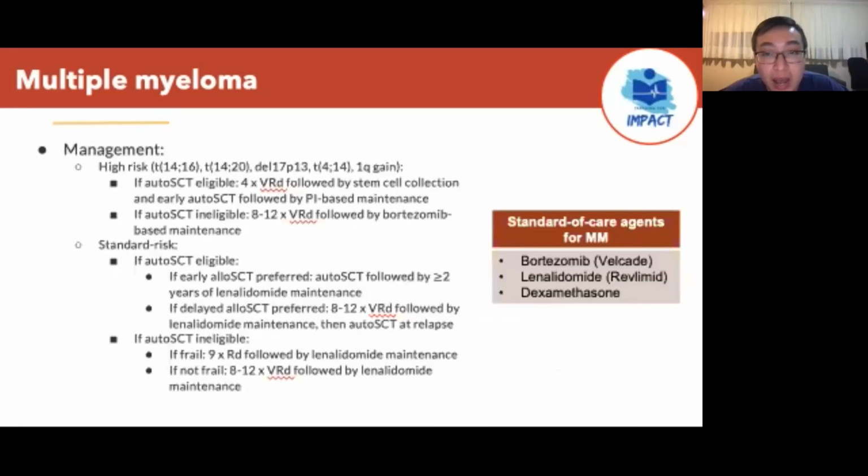Great. I'm not going to talk too much, given the time, about management of multiple myeloma, but I think the three drugs that are commonly used to treat multiple myeloma, which you should know a little bit about, are bortezomib, lenalidomide, and dexamethasone. Dexamethasone, we all know it's a corticosteroid.